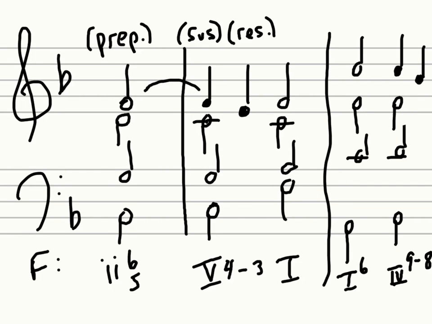Here we have this suspension. Let me play it. We're in this key, F. In this example, the F in the soprano is the preparation that's on the unaccented part of the measure. It forms this B flat to F, a perfect fifth with the bass, so that's consonant.